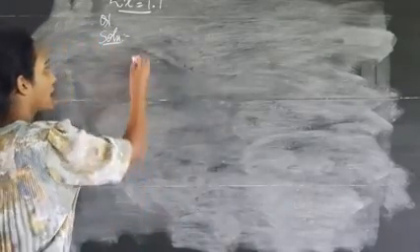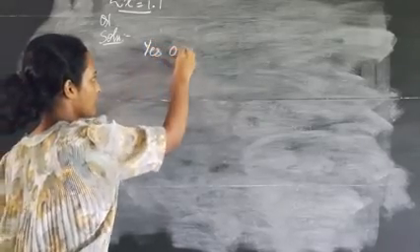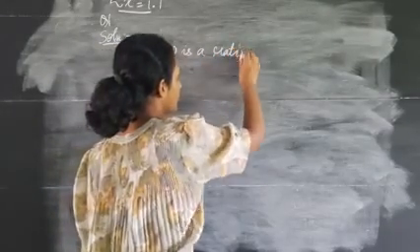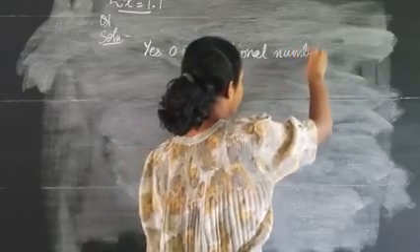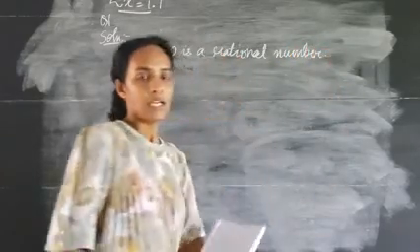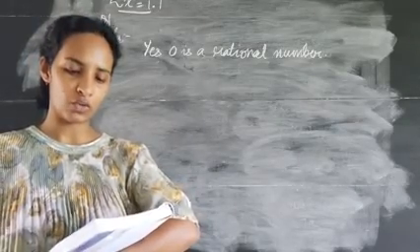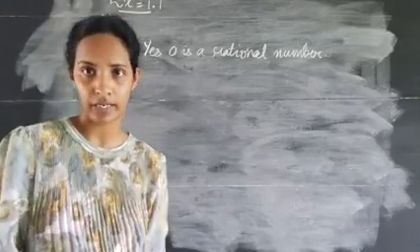Now, look at why. Yes, 0 is a rational number, right? In the second part, they are asking us, can you write it in the form P by Q, where P and Q are integers and Q is not equal to 0? Yes, definitely we can write it, right?